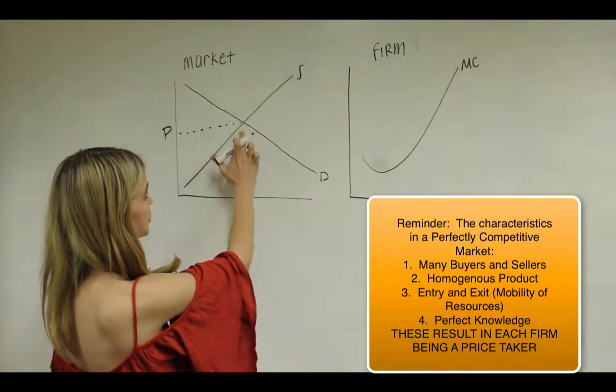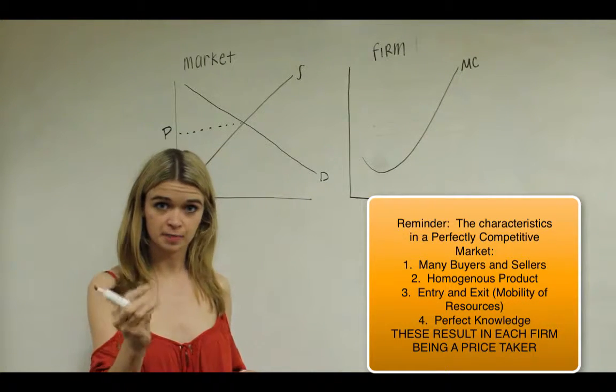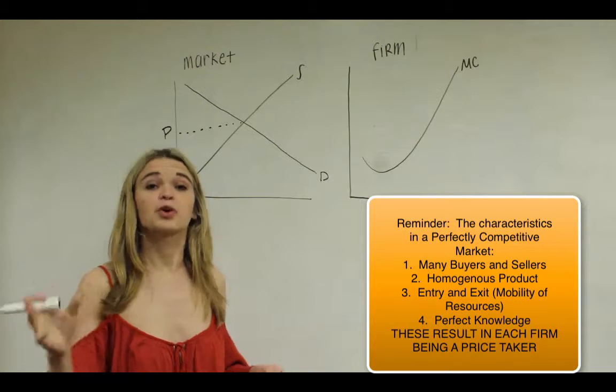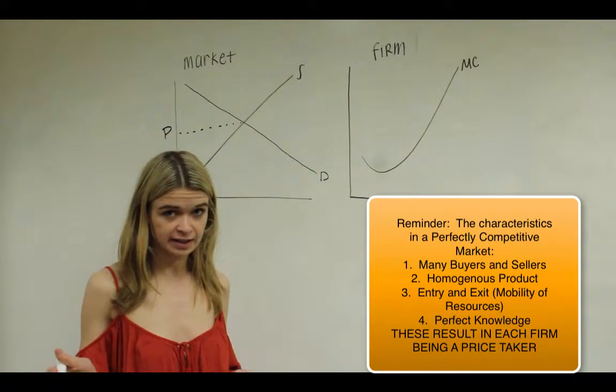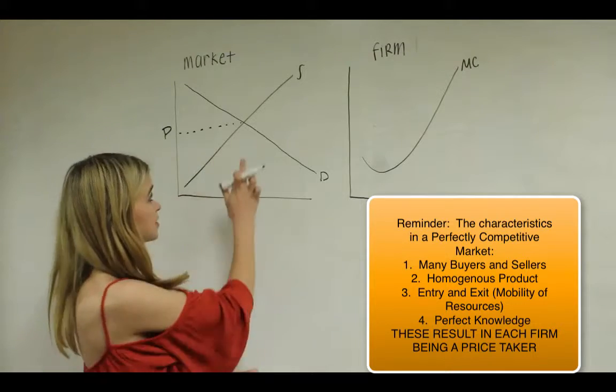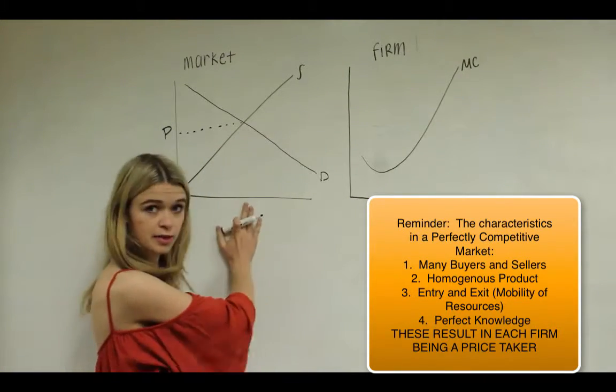This equilibrium price becomes important because in a perfectly competitive market, each firm is a price taker, meaning they do not get to set their own prices. They have to take it as it is given by the market.